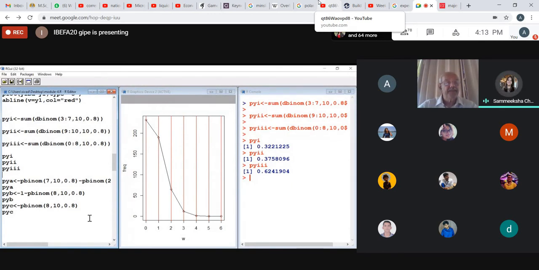Could you explain these three, PYA, PYB, PYC? Yes. What is the first interval? 3 to 7, inclusive of 3 and 7. So P binom 7 gives you the addition of probability up to 7. Minus the addition of probability up to 2 will give you between 3 to 7.